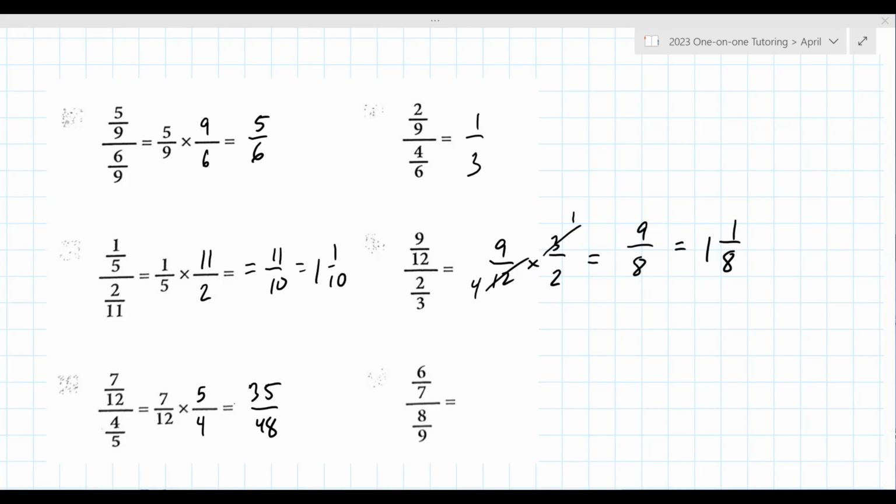Okay, so that would become 6, 7, minus 8. 27/28.